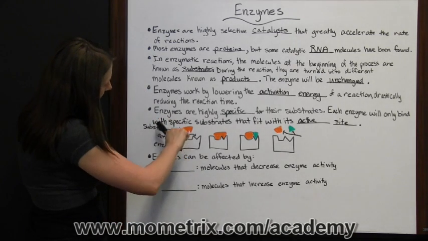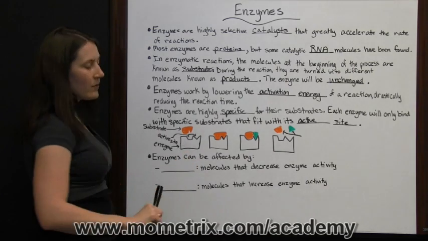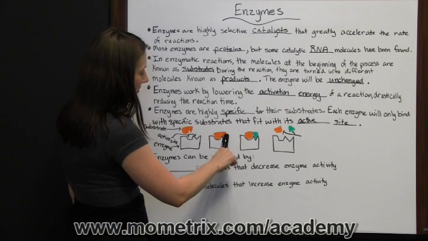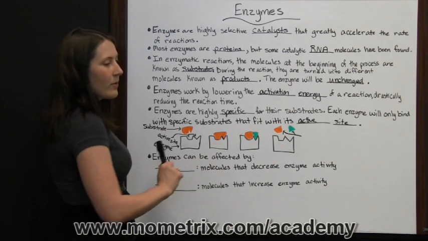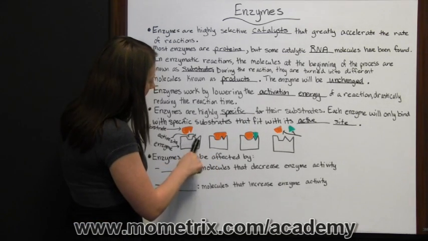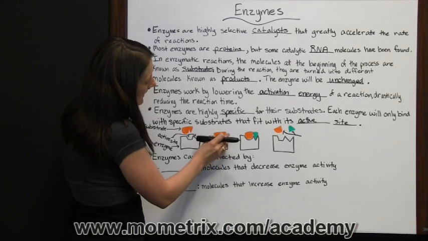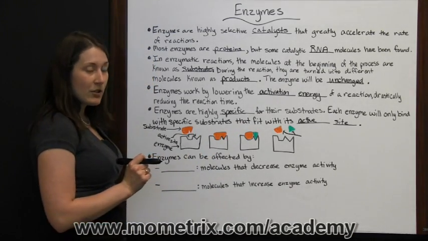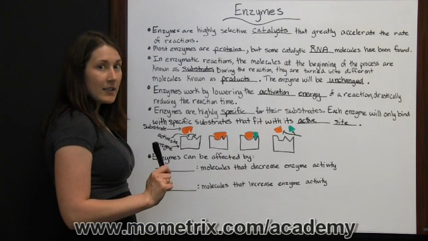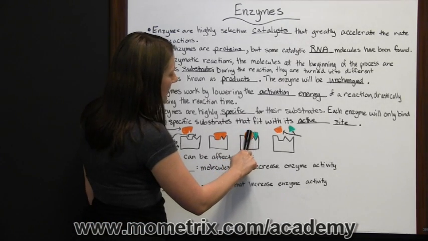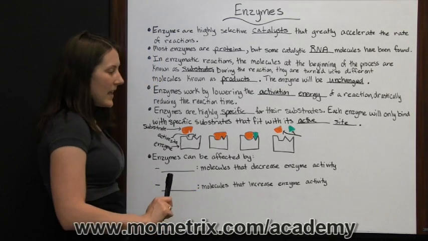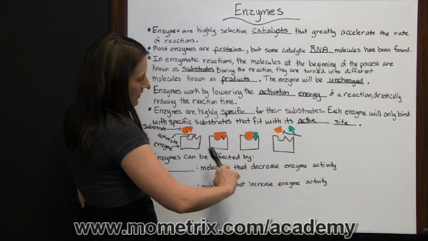So this would be your substrate. And this is where the substrate would be coming into contact with the enzyme. Here you can see the enzyme and substrate have bonded, and now they have formed the enzyme-substrate complex. And you can see that the enzyme changed shape a little bit to bind to that substrate. And then in this next phase, you have the enzyme product complex, where the substrate has started to turn into two different molecules and separate from each other.